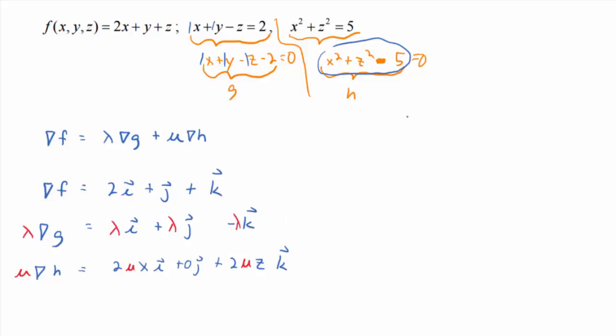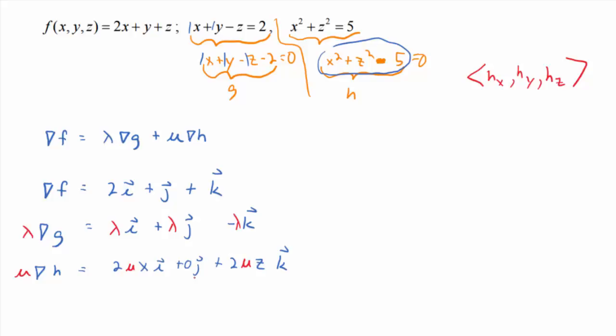If I use component form, it's a vector, right? So it's going to be h sub x is the first component, h sub y is the second, h sub z is the third. So h sub x, there's where the 2x comes from. H sub y is 0. The partial of h with respect to z is 2z. And then I multiply through by mu.